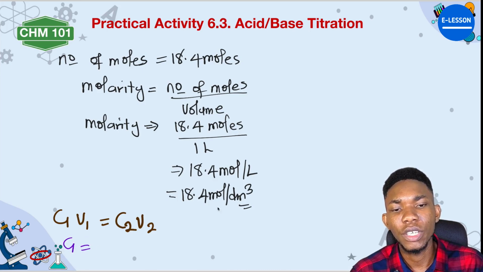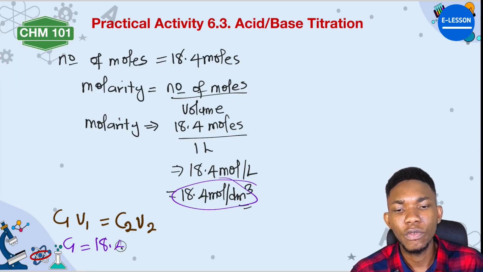That is the concentration of H2SO4, which we already calculated to be 18.4 mol per dm cube. V1 is unknown. That's what we are looking for.